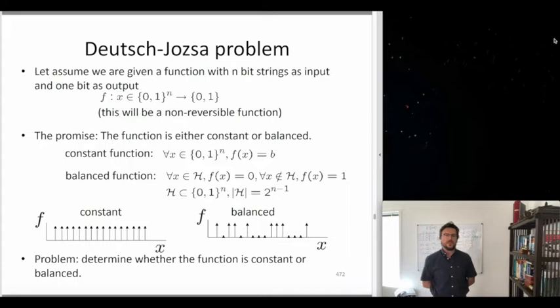We rather want to find out whether the function is constant, which means for each of the inputs provided it produces the same output, or balanced, which means for half of the inputs it produces 0, in that case we only have one output bit, and for the other half it produces 1. So if a function is balanced, let's say you have 10 inputs, then for 5 it will produce 1, for 5 it will produce 0. That's what we want to find out, and ideally we only do that in one call.